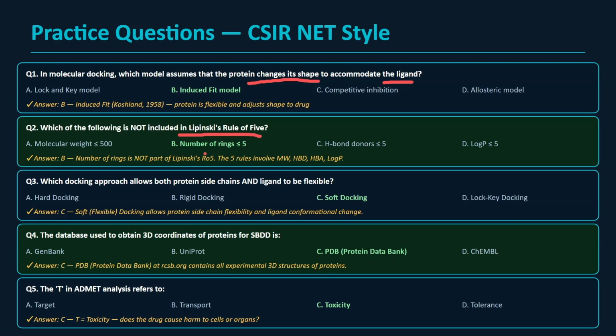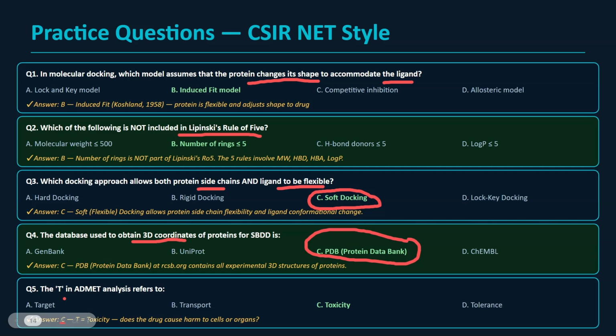We have to select the one which is not included. Next, which docking approach allows both protein side chains and ligand to be flexible? This is soft docking, also called flexible docking. The database used to obtain the 3D structure is PDB, one of the important 3D structure databases.